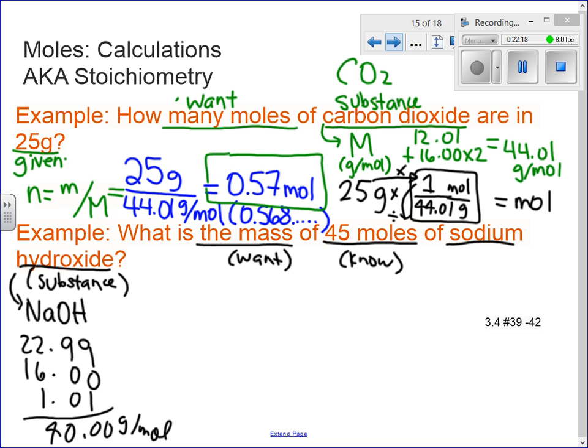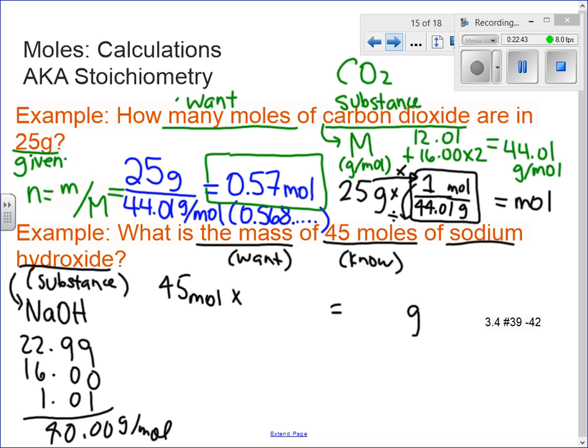I would like to know the mass. So that means I would like a certain number of grams as my answer. I know that there are 45 moles. So I ask myself, what ratio gets me from moles to grams? Molar mass is the answer. In this case, I want moles to cancel out.